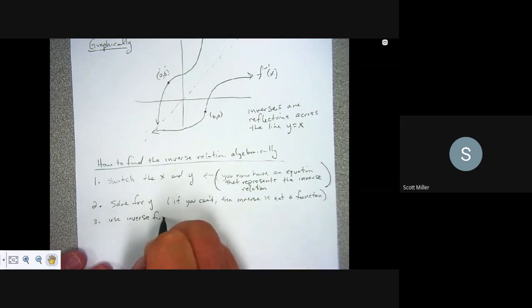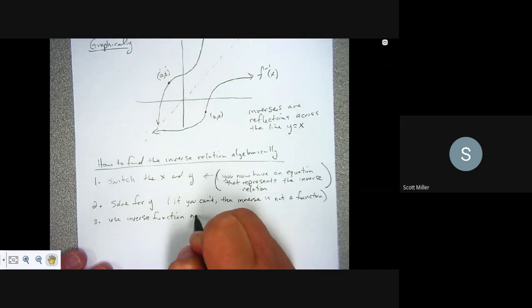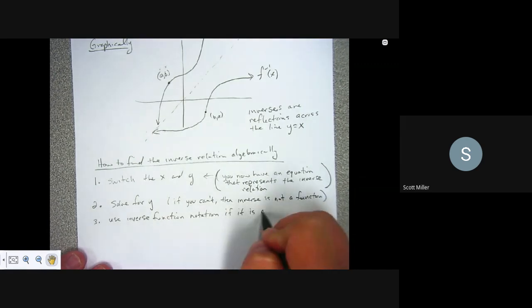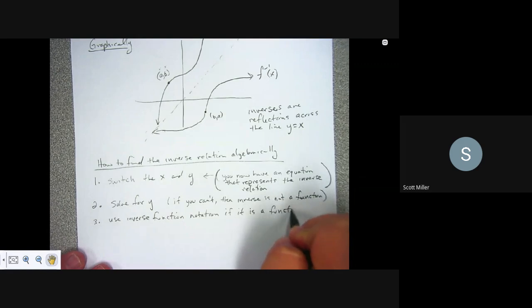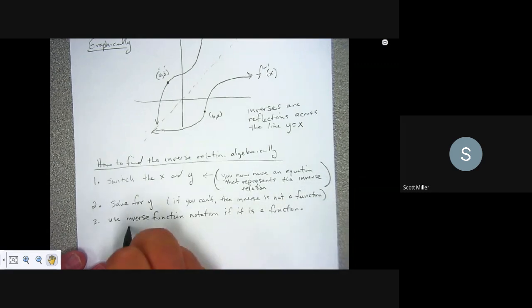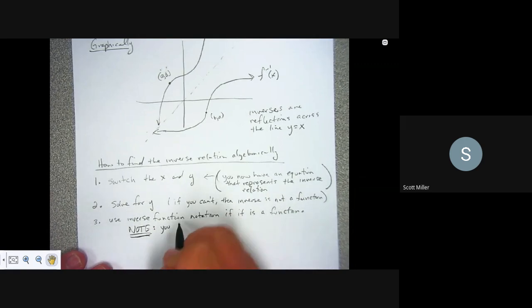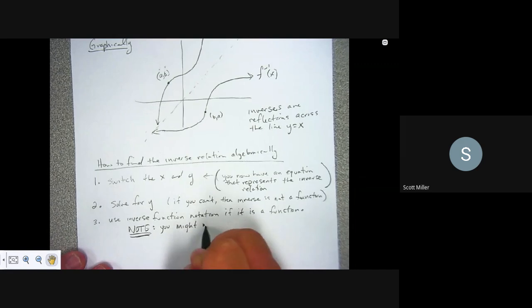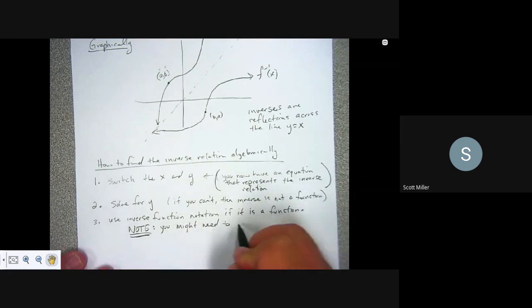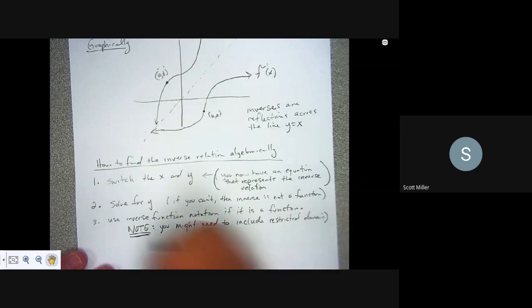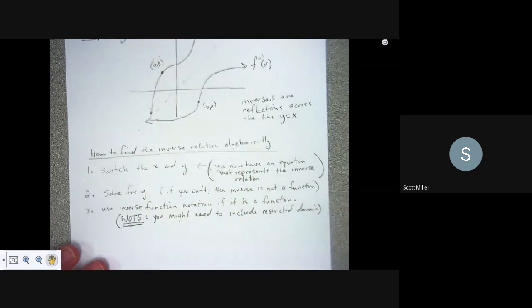Use inverse function notation if it is a function. Note, you might need to include restricted domain. I'll talk about that in just a moment.